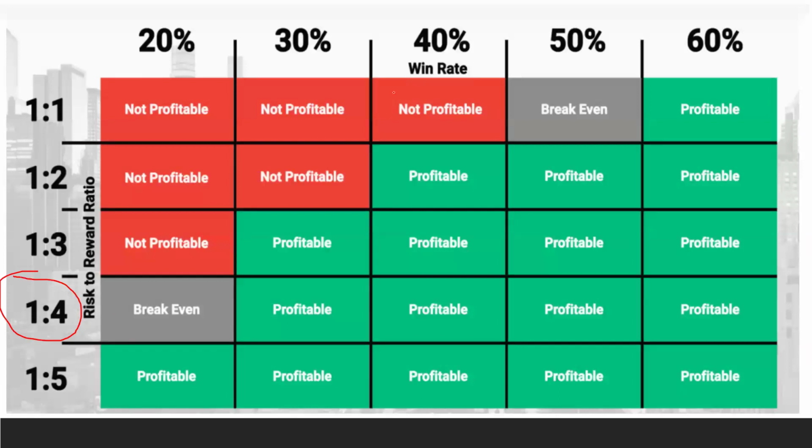Even if your strike rate is 40%, let's say you take 100 trades and only 40 give you profit, overall you will still be profitable. Even if 30% of your trades go right, you will still be profitable.